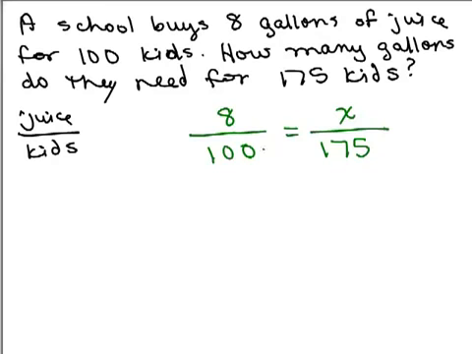Now, if I went ahead and did my cross products here, I have 100 times x equals the other cross product, 8 times 175.